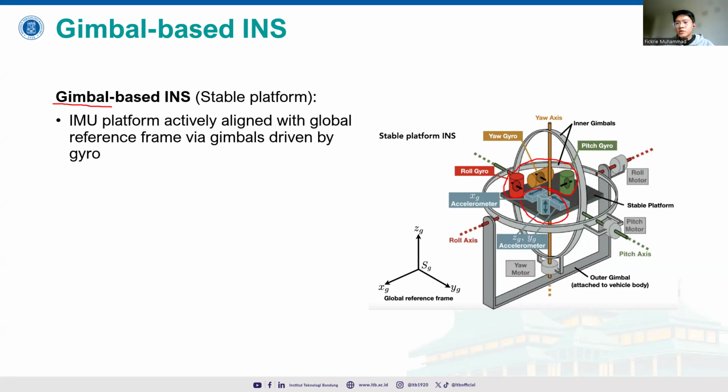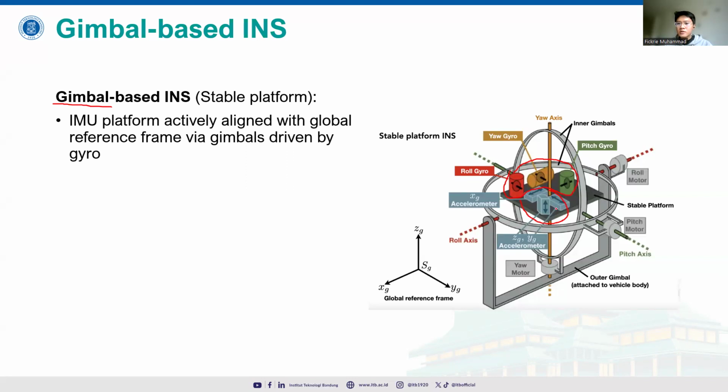It's a stable platform because it's placed inside the gimbal, as we know from the spinning mass gyroscope, which also has a gimbal to stabilize or measure the rotations based on the spinning mass.